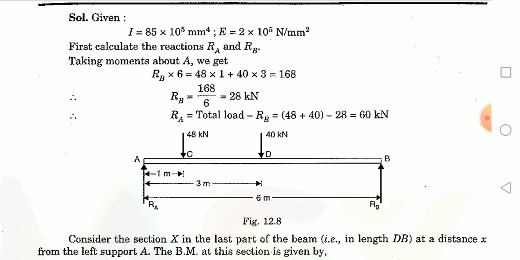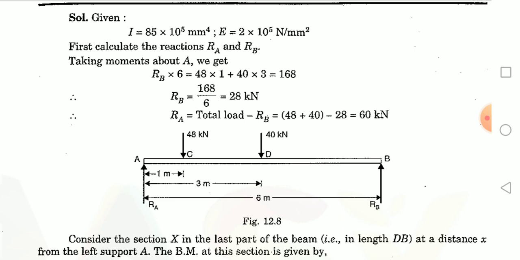So taking moment about A, then the RB is acting anti-clockwise and this 48 kilonewton and 40 kilonewton is acting clockwise. Okay, now anti-clockwise equal to clockwise: RB into 6 equals 48 into 1 plus 40 into 3. So that is 168 kilonewton meter divided by this 6 meter.